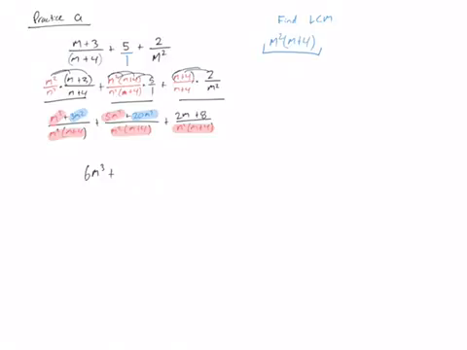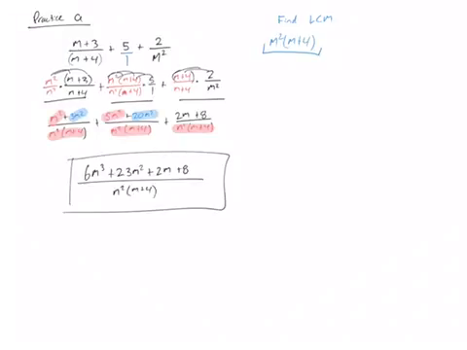So 3 of them plus 20 more of them is going to be 23 m squared. Plus I have 2m plus 8. And my denominator is m squared times m plus 4. And that is my answer.